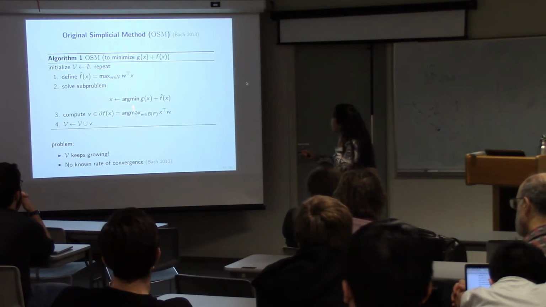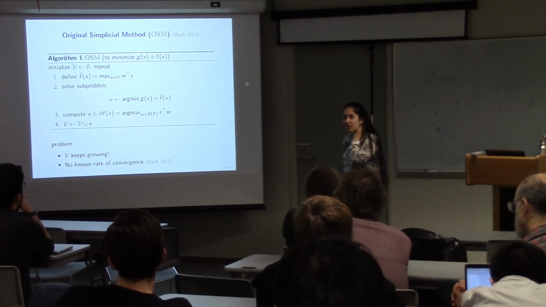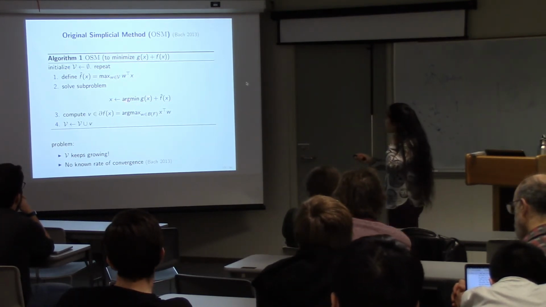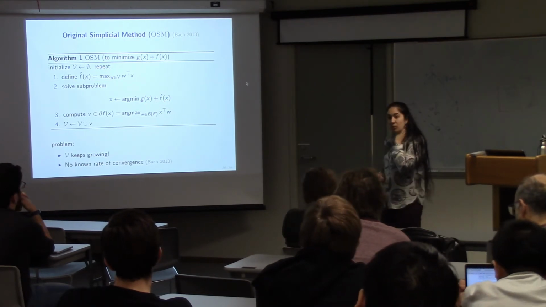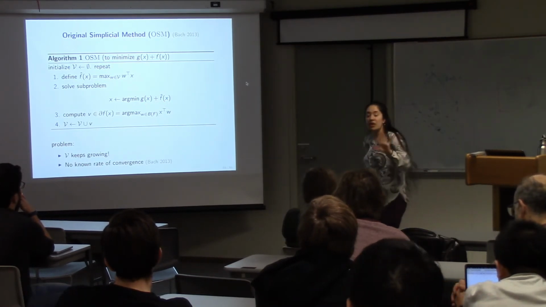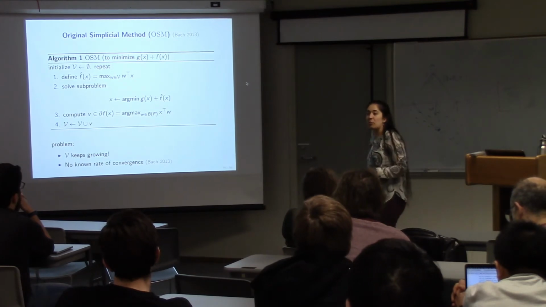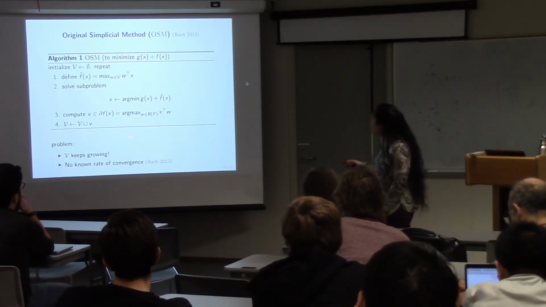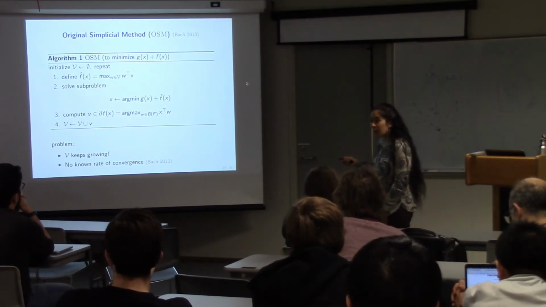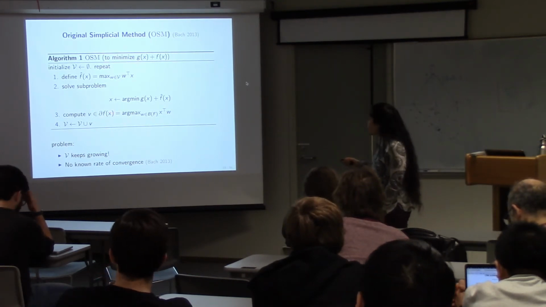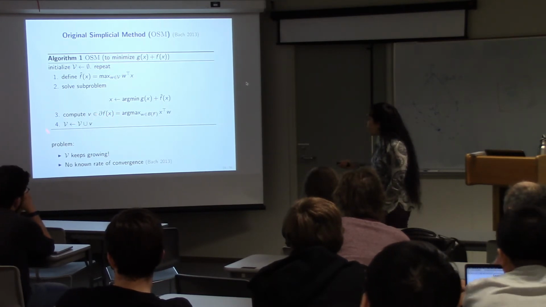We're going to solve the subproblem, minimizing g of x plus f hat of x. Now, this is just minimizing a strongly convex function plus a piecewise linear function with not too many pieces, so you can plug it into your favorite convex programming solver, no problem. We're going to compute a subgradient of the true Lovász extension, of the real function, at the current iterate, at the solution to the subproblem. We're going to add that subgradient to our set of vertices, and we're going to continue.